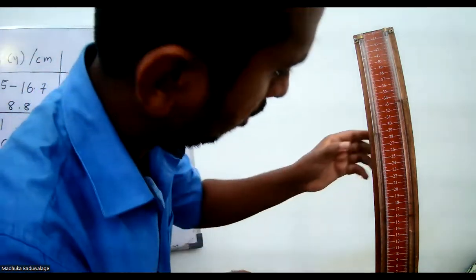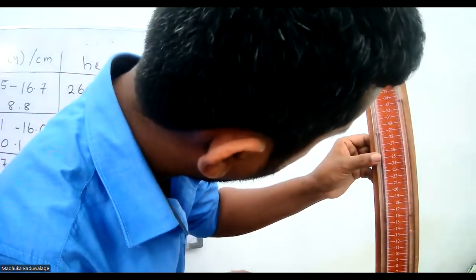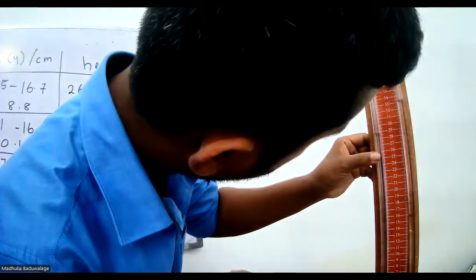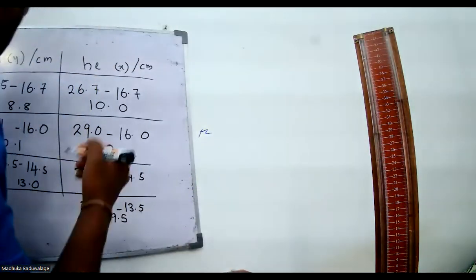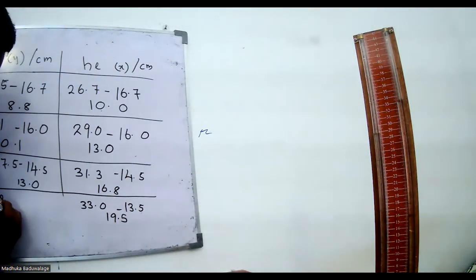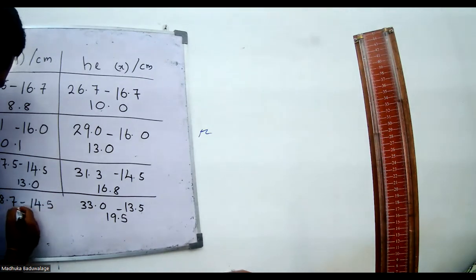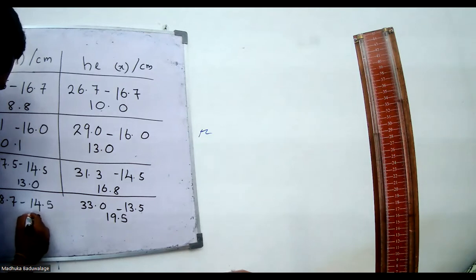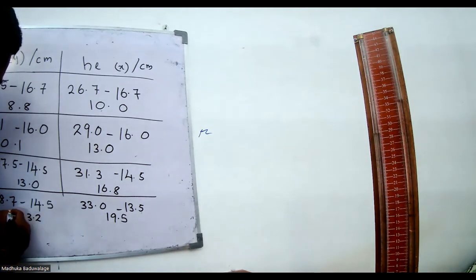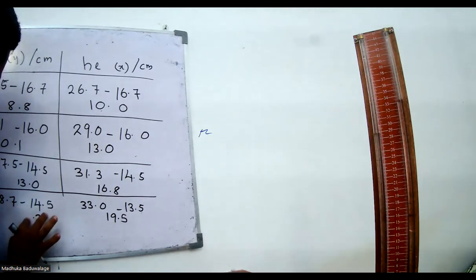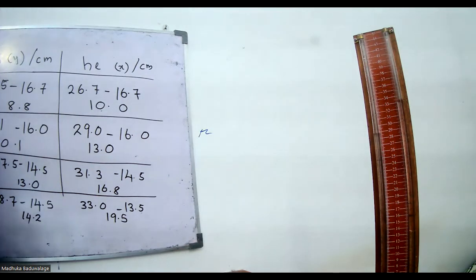The upper meniscus position of the water column is 28.7. The new coordinate, the fourth coordinate, is 19.5, 14.2.